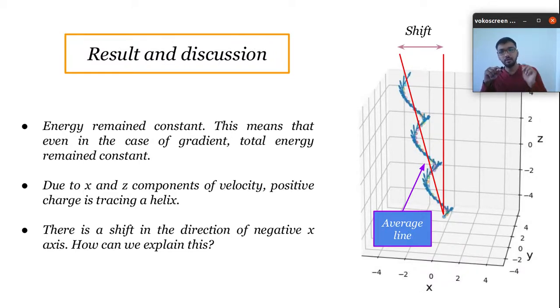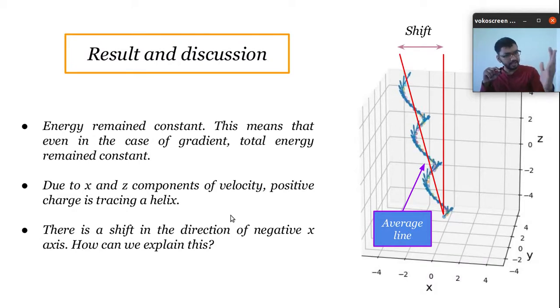If we have x and z components, then we will have a kind of helix, right? The only difference here is we have some shift. As you can see here, this is our tilt, and after time t we have this much shift from the original axis. By the way, this red line is the average line. So this much shift we have.